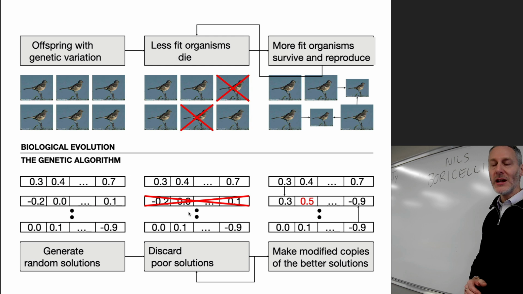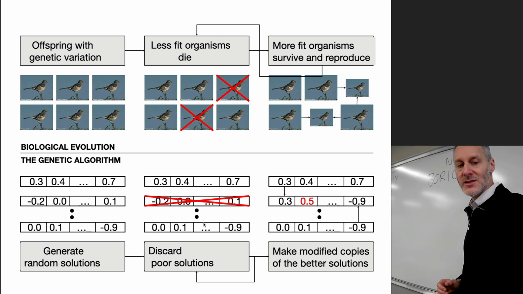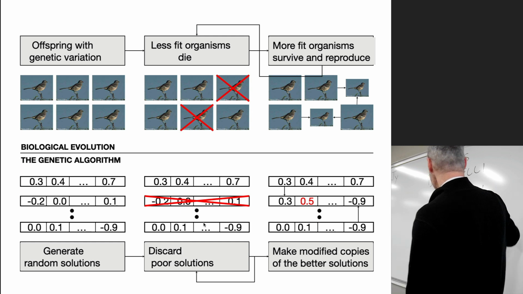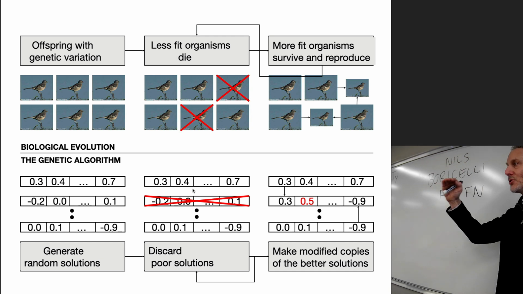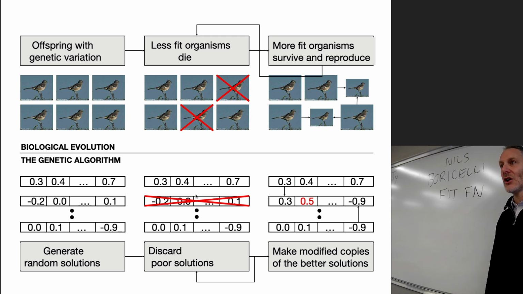Okay. In a genetic algorithm, we have this population of candidate solutions, and then we, the human programmers, have to give to this genetic algorithm a fitness function. As the name implies, it's a function that takes as input each candidate solution and spits out as an output a number, a fitness. How good is that candidate solution at whatever problem we're trying to solve?